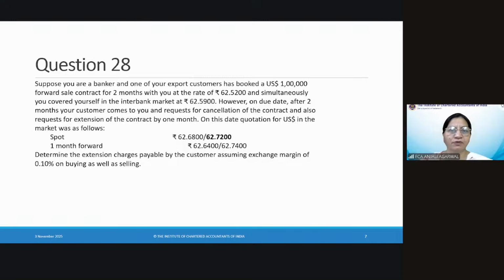Let's look at one more similar question. Suppose you are a banker, and an export customer has booked a forward sale contract for $100,000 for 2 months. If you are an exporter, you have foreign currency receivable, so you will sell to the bank.